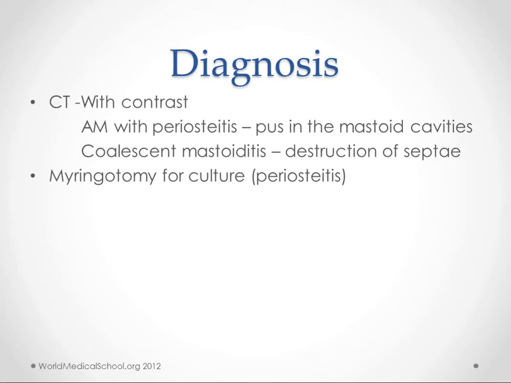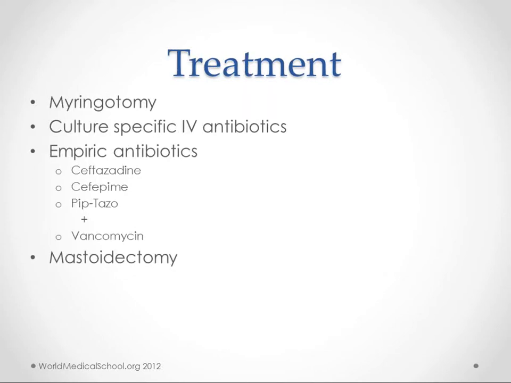So if you do have periostitis, and actually in either case, you can do myringotomy for culture, and that will help us to know what antibiotics to use. If we haven't obtained a specimen that will help us to know what the bacteria is sensitive to, then we use basically as broad a spectrum as we can get.